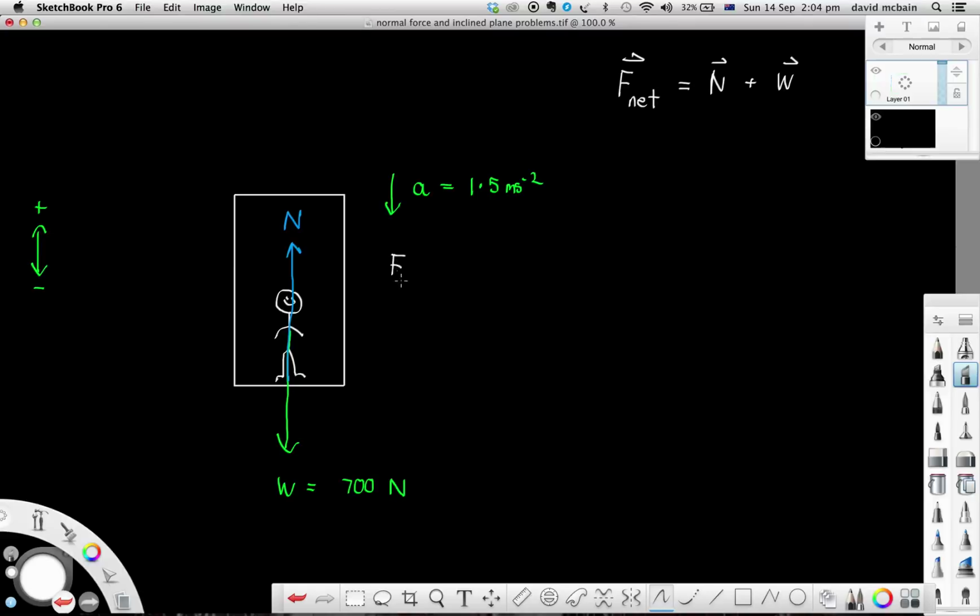So the net force is equal to ma, that's Newton's second law, which is the mass of the person, which is 70, multiplied by the acceleration, which is 1.5, and half of 70 is 35, so it's going to be 105 newtons.